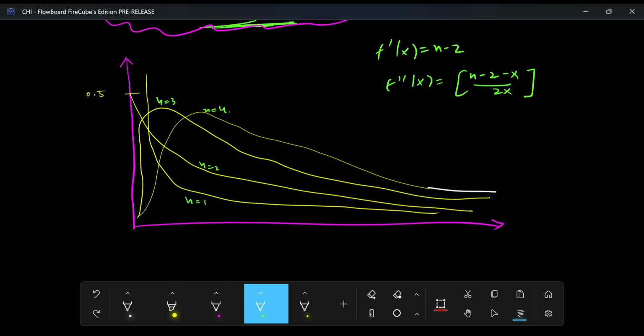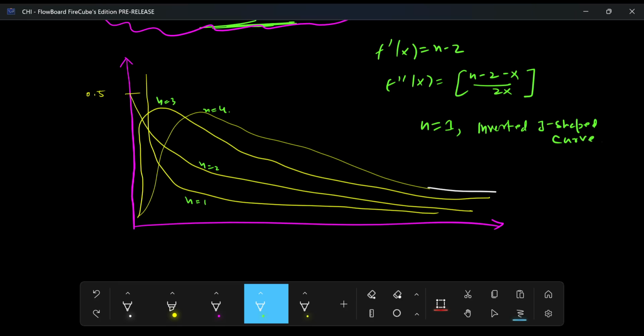So see, whenever n is equal to 1, we have the graph that the curve is the inverted J. When n is equal to 1, we will get an inverted J-shaped curve.